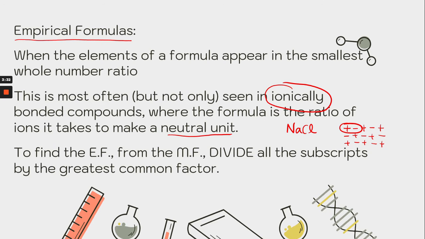Sometimes, though, we need to turn that molecular formula into an empirical formula, and all we have to do then is just reduce it. So the molecular formula can be thought of as the real, actual formula, and the empirical formula is the lowest ratio of that formula.